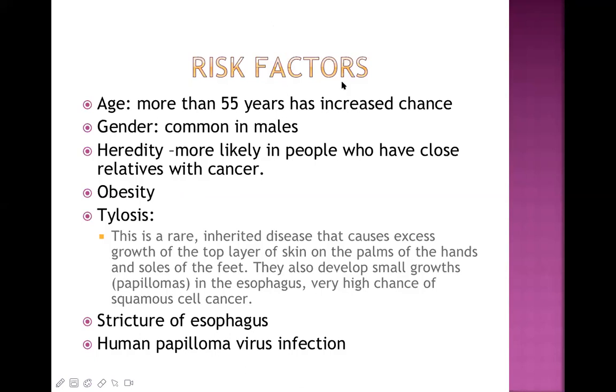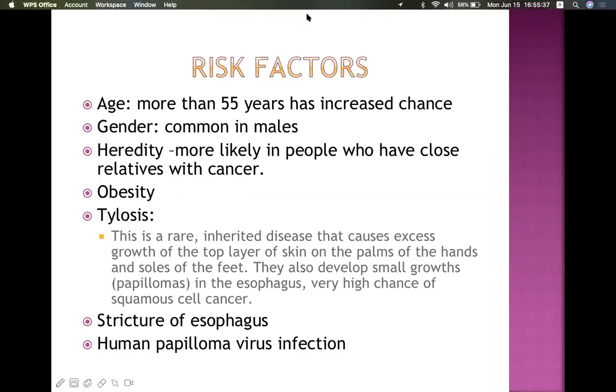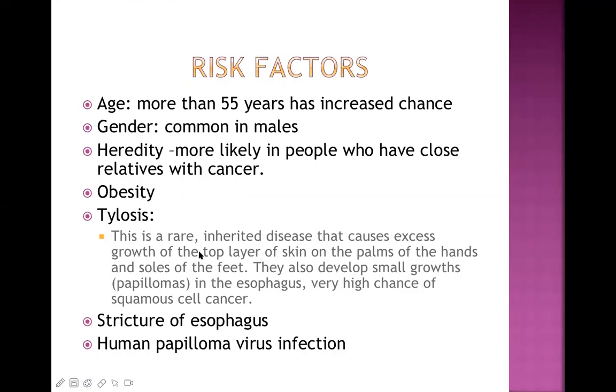One of the important conditions is called tylosis. Now see here, what is this tylosis all about? Tylosis is a rare inherited disease which causes excess growth of the top layer of the skin on the palms of the hand and soles of the foot.